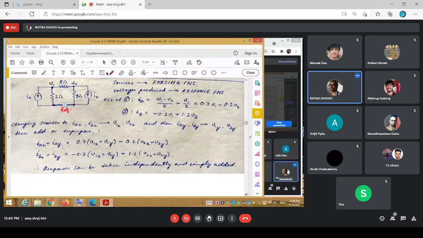So if you're looking at the KCL at node 1, I've got it listed here, so I'm leaving it as this. It's not given in exactly that order. Anybody wants to quickly speak it out?